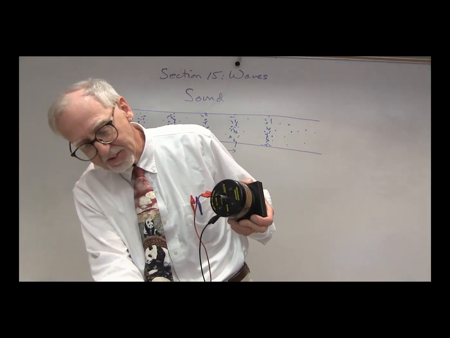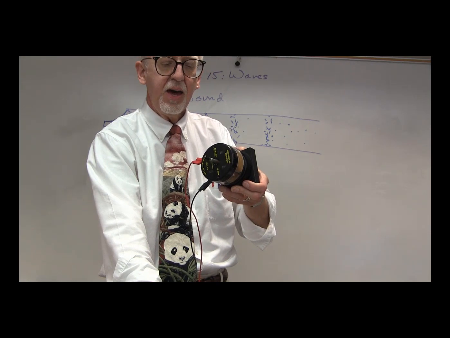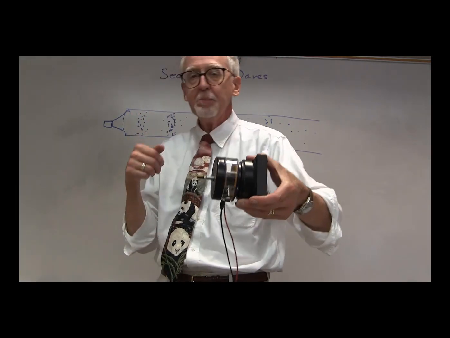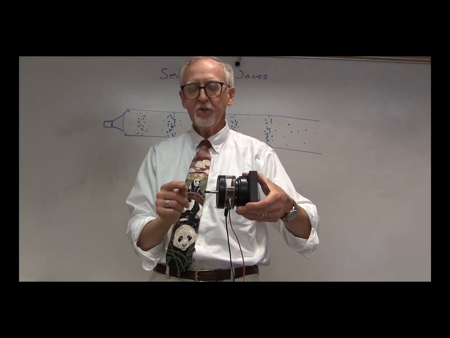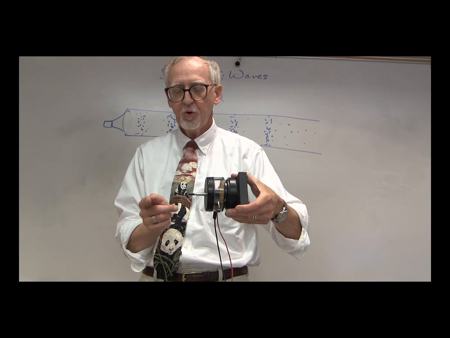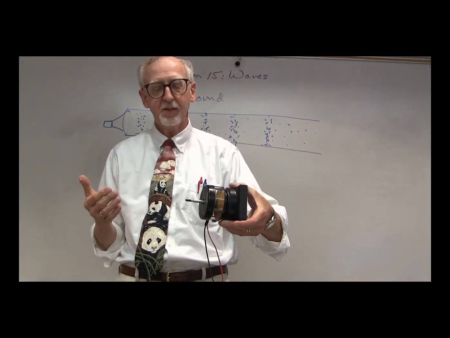Right now I have it set at 1 hertz, and I'm going to turn up the amplitude, and hopefully you can see that the plunger is going in and out, 1, 2, 3, 4, at a frequency of 1 hertz, one cycle per second.